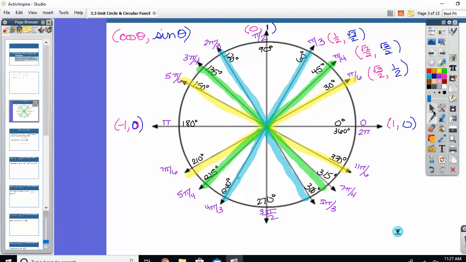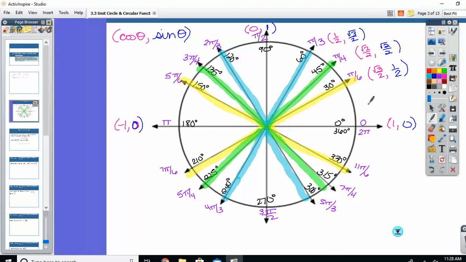How are these ordered pairs going to be related to those? Signs. Right. When we talk about everything with the reference angle of 30, sine and cosine, they're always the same. The only difference is we have to look at the quadrant to know if they're positive or negative, right?